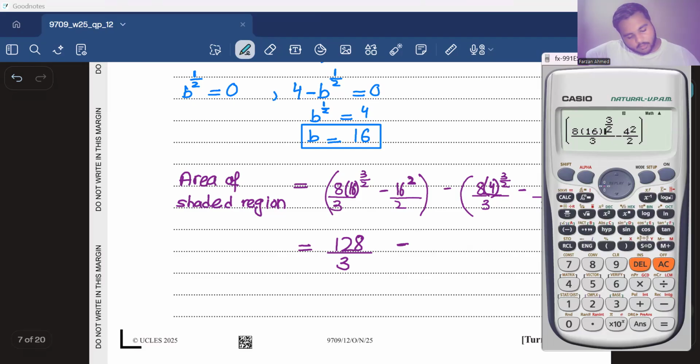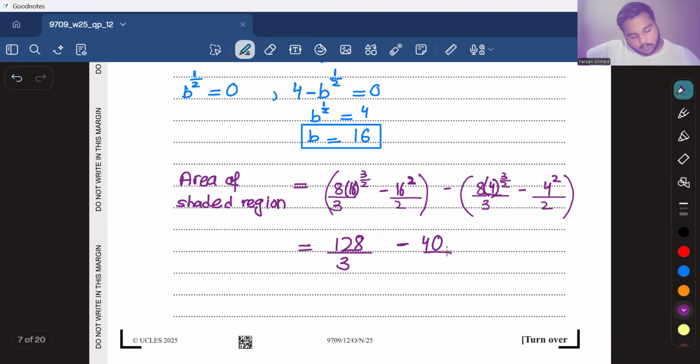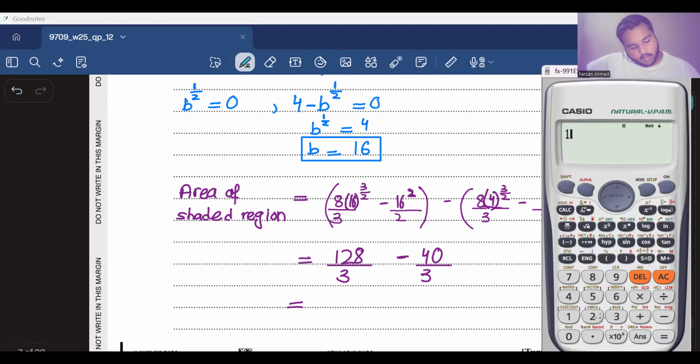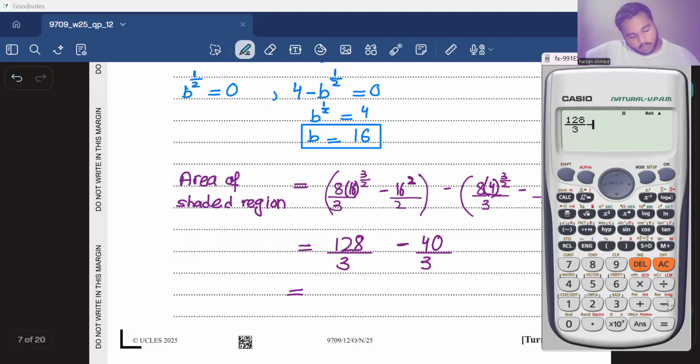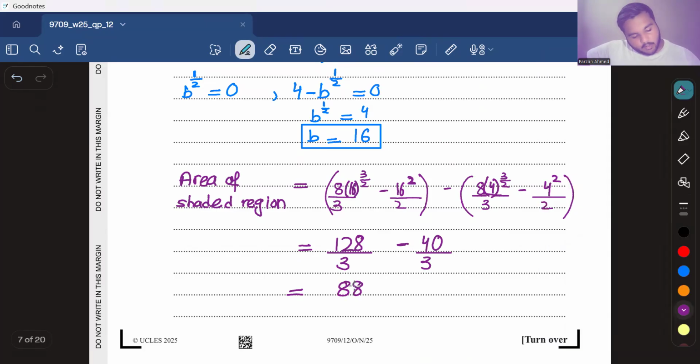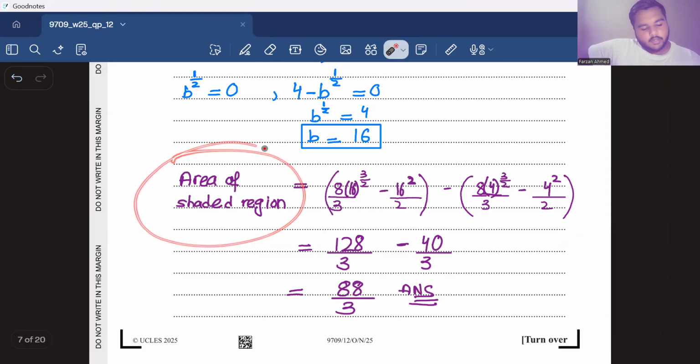So this will be 40 upon 3. When we subtract 40 upon 3 from 128 over 3, it will be 88 upon 3. This is our final answer for question number 5b, the area of the shaded region we have to find.